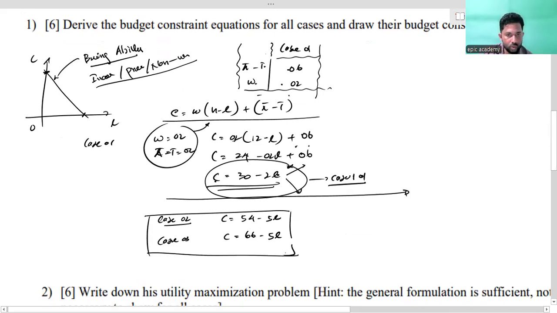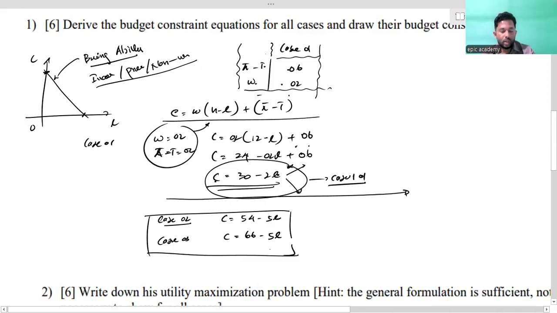Now you got the equations in terms of L. But here, we have 3 cases, and if you consider the constraint already created, we have only 12 hours, isn't it?